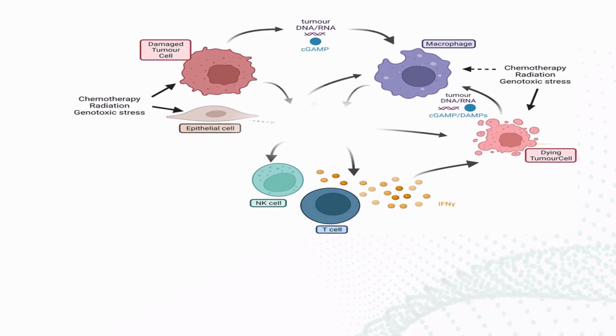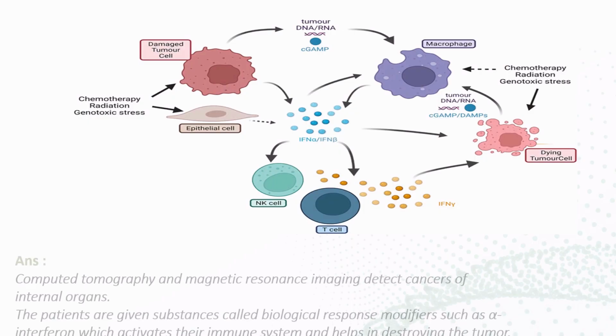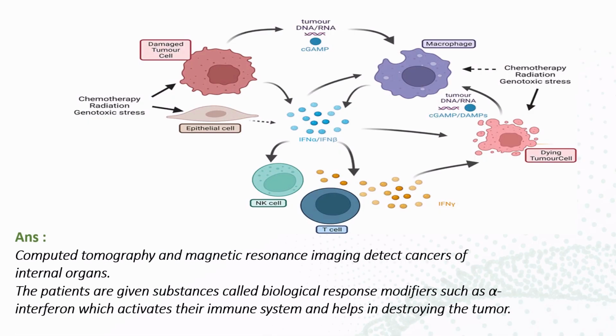Here you can also see that I have given one example of how the alpha interferons will affect the tumor cells. If you see here, these are the immune cells, the NK cells and T cells, which we know are the immune cells. And these are the interferon proteins, interferon alpha and interferon beta.